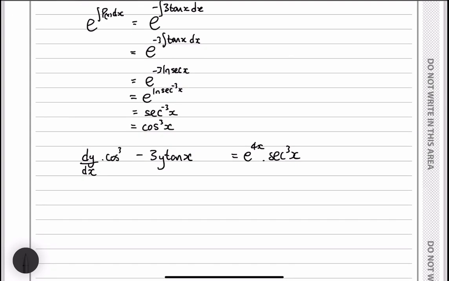So we've got cos cubed x here, cos cubed x here, cos cubed x here, which is nice because they immediately cancel.